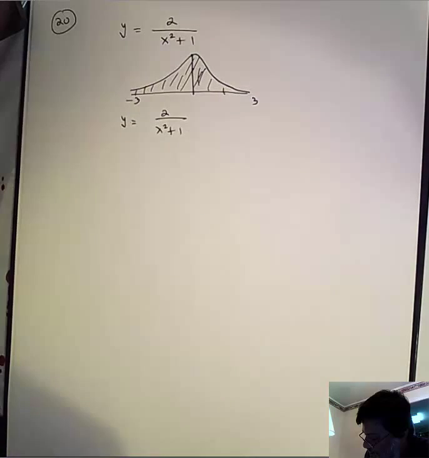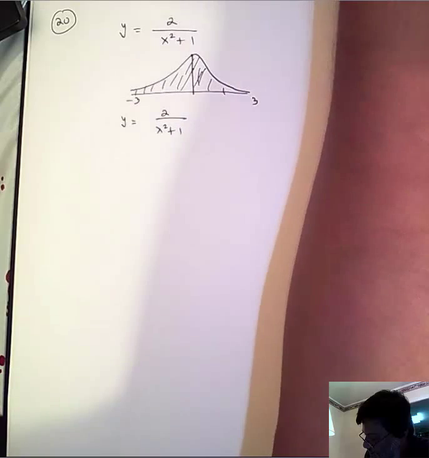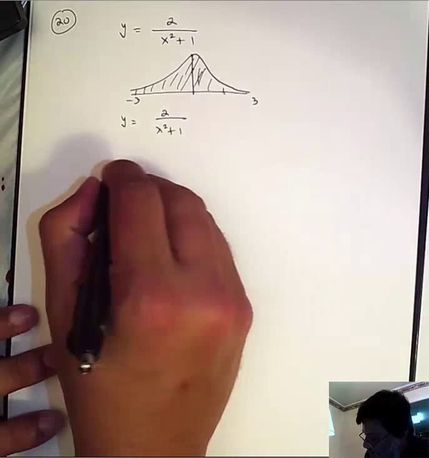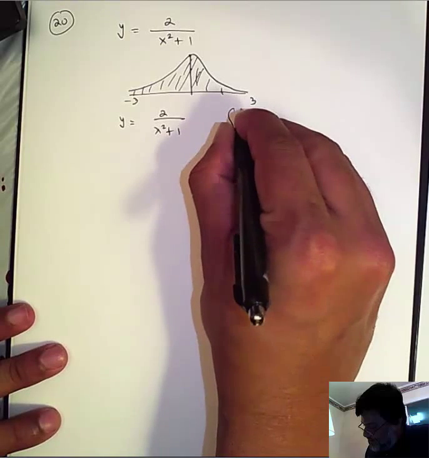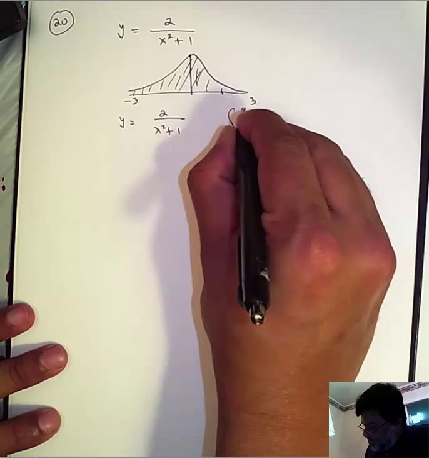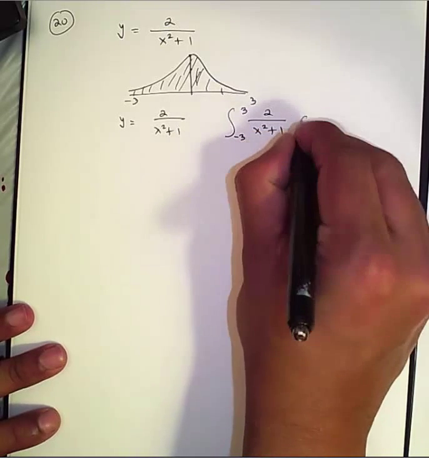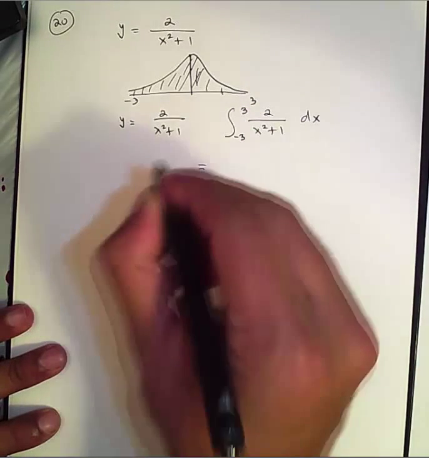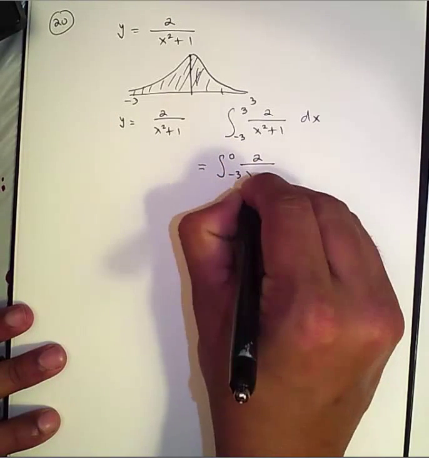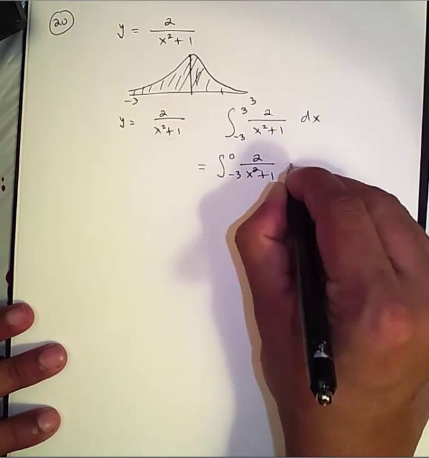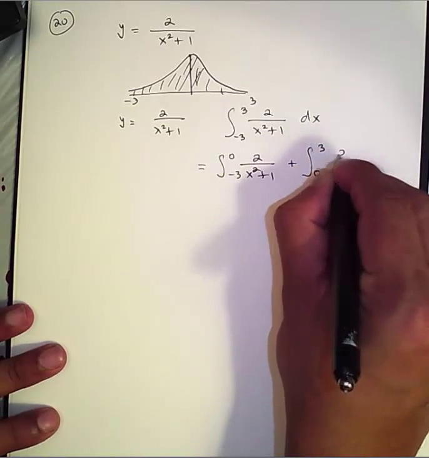So we know we can go from negative 3 to 3, but since it's symmetric, we're going to break it up as 0 to negative 3, and 3 to 0.